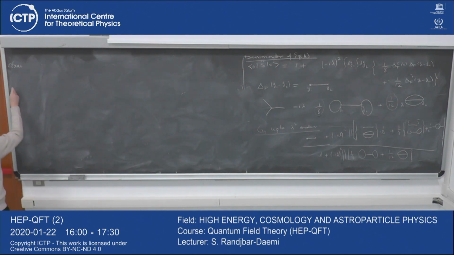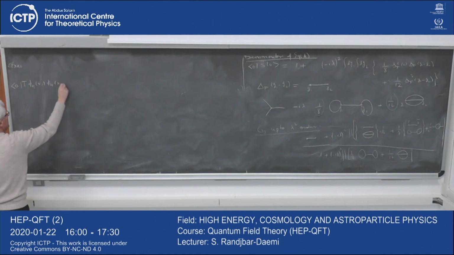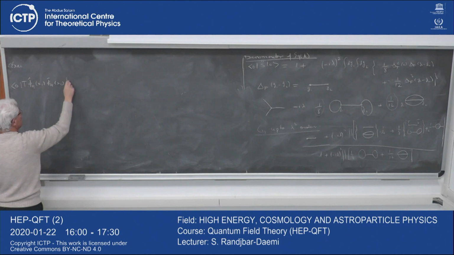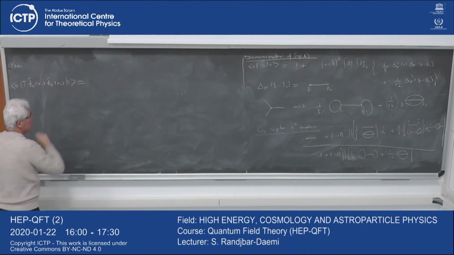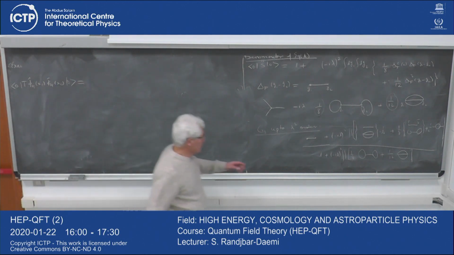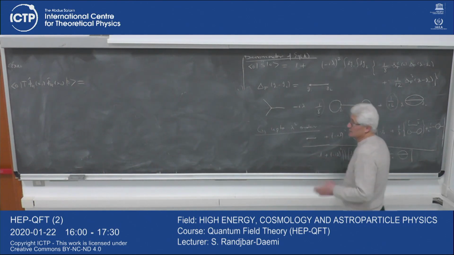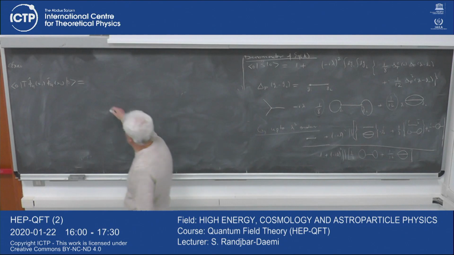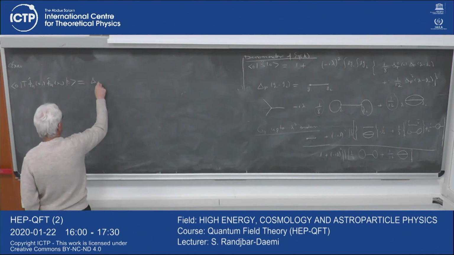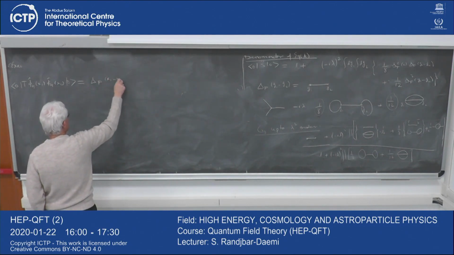So G2, which is the time-ordered product of the Heisenberg operators with x1 and x2, up to the order of lambda squared. One term will come: the zeroth order term is the product of that term with this. Obviously there is no other term, so it will give you delta of x1 minus x2.